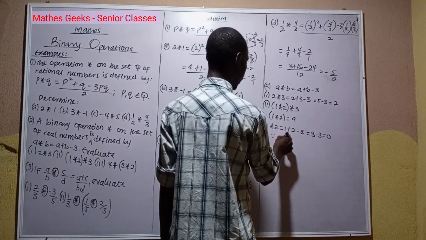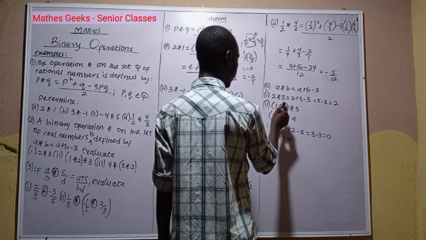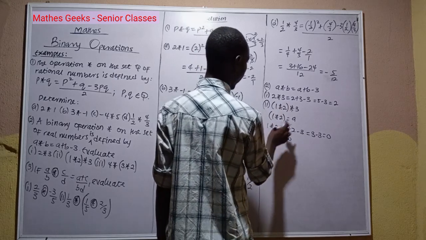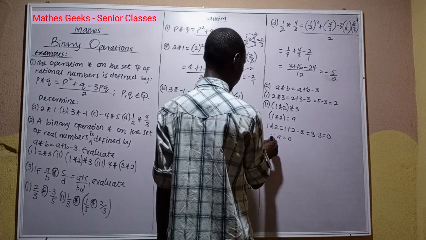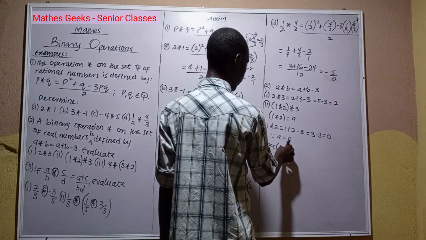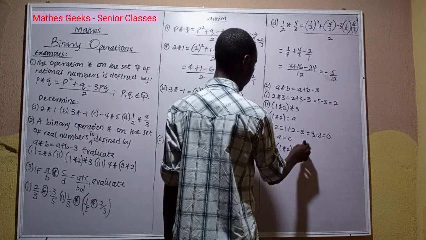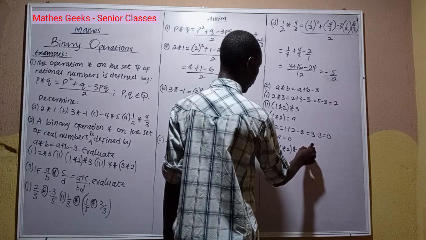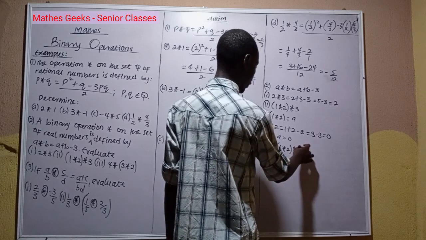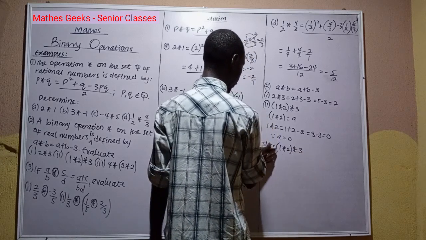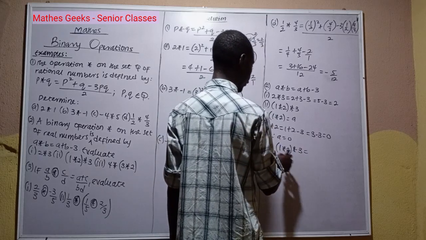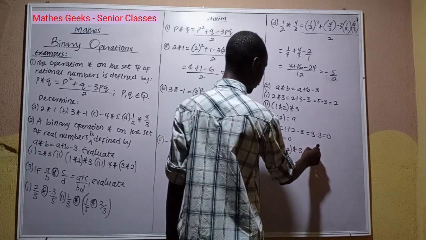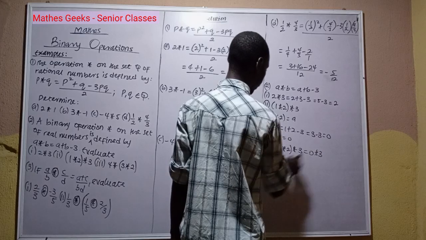So therefore A is equal to 0 in this case. Yeah, so we can say 1 star 2, since 1 star 2 star 3 is equal to, okay, so therefore say 1 star 2 is equal to 0 star 3.